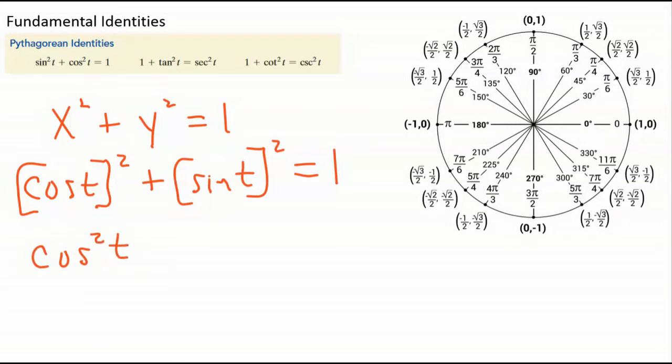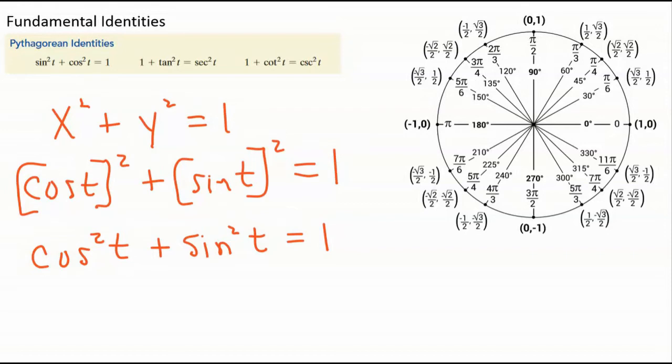Whenever you see an exponent between a trig function and the argument, that really means the whole trig function is raised to that exponent, which means sine of t all squared could be written as sine squared of t, and that equals 1. I could also rearrange. I could put sine squared of t first and cosine squared of t second equals 1, and that gives me that first Pythagorean identity.